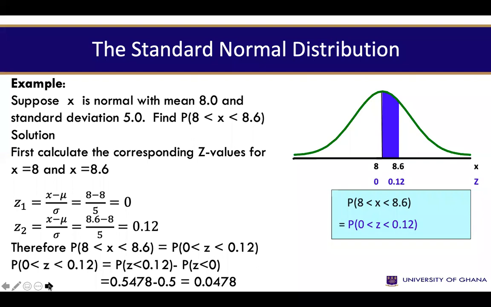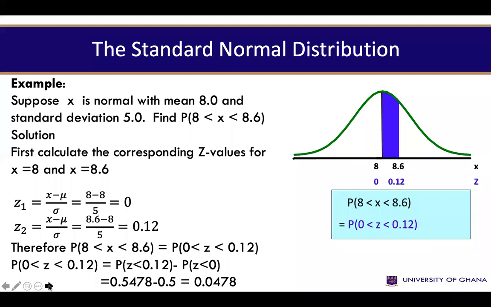Suppose X is normally distributed with a mean of 8 and a standard deviation of 5. We want to find the probability that X lies between 8 and 8.6.